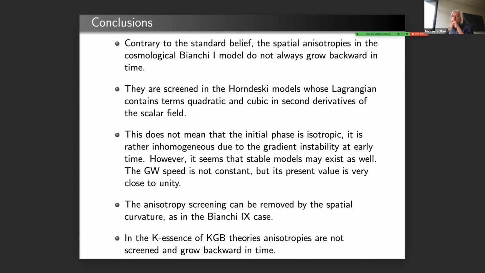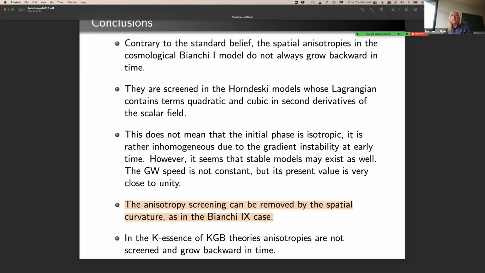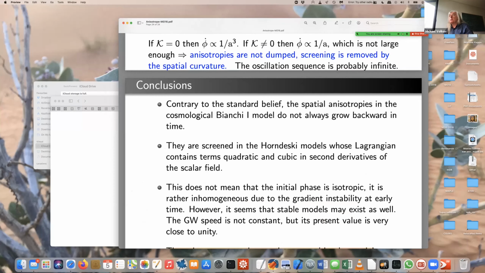The gravity waves move with a position-dependent speed in these theories, but at the present epoch, this speed is very close to 1. And then this behavior is removed by the spatial curvature in the Bianchi 9 case. So that's all I wanted to say, and I don't want to abuse my time. Therefore, I ask you to ask questions if there are any.